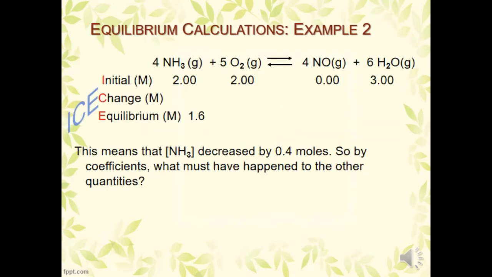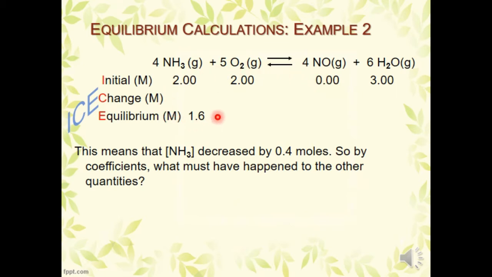So this is the ICE table for the reaction involved. The question involves 2 moles of ammonia, 2 moles of oxygen, and 3 moles of water. No information on nitrogen oxide is given, so initially it is 0.